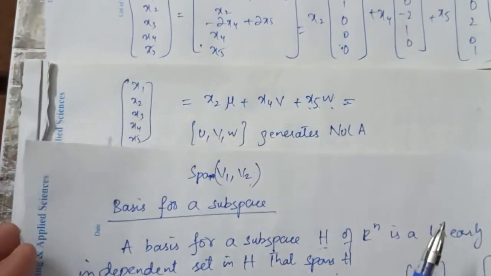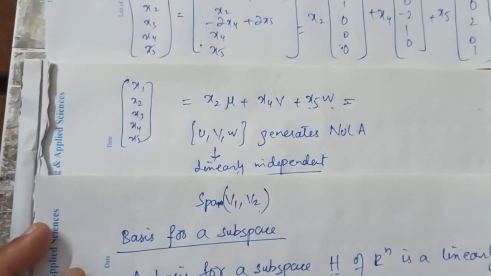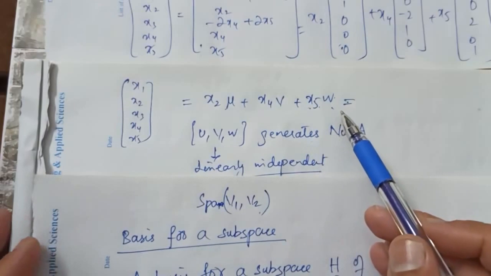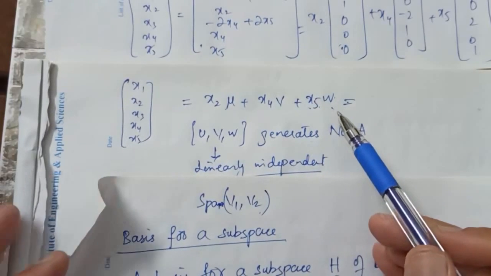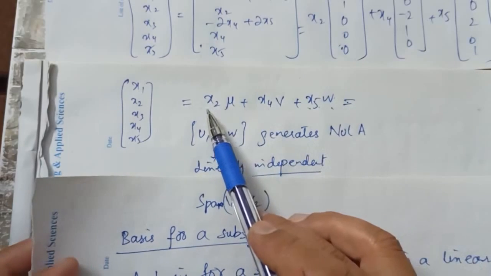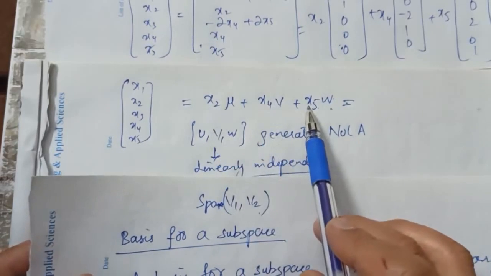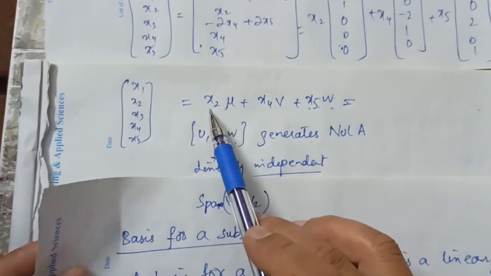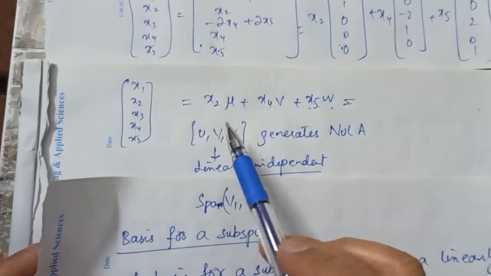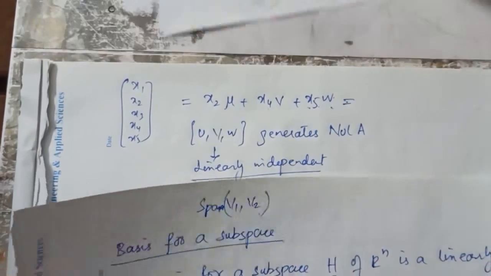And also it spans the whole null space of A, because we are free to choose x2, x4 and x5, so for any values of x2, x4 and x5, the linear combinations span the whole null space of A, okay?